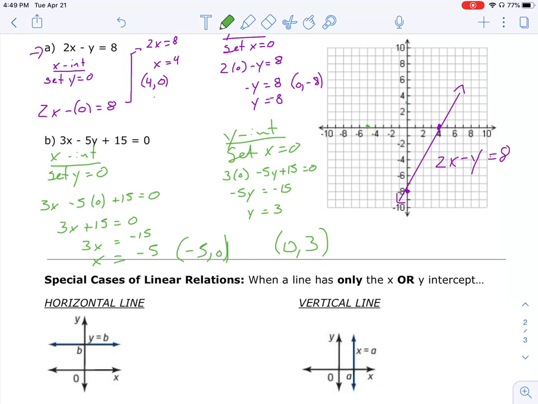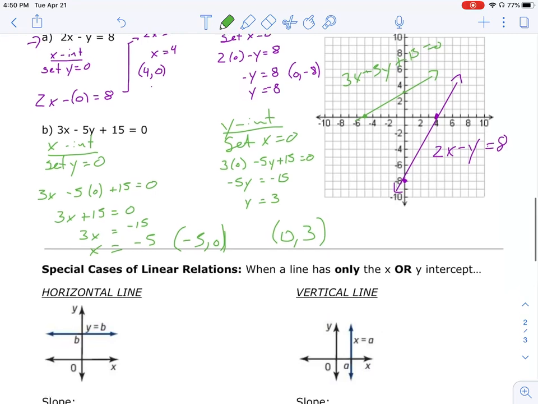There. So drawing that line through, our line is going to look something like this. So this would be 3x minus 5y plus 15 equals 0, or a green line here.